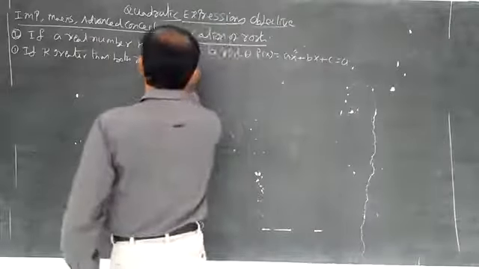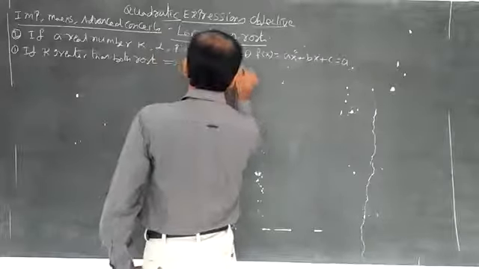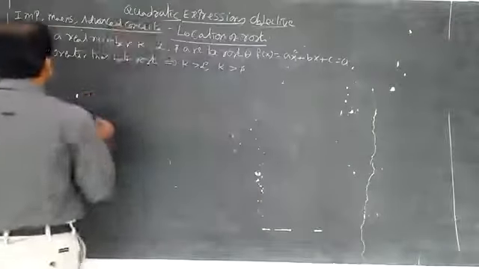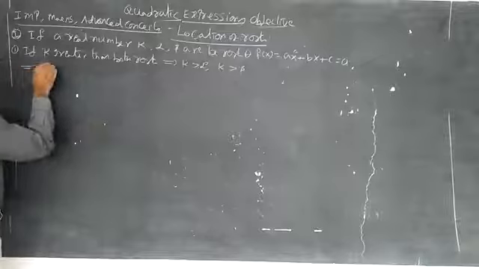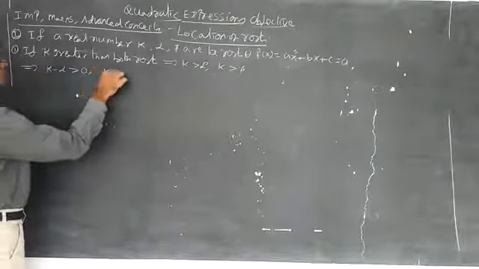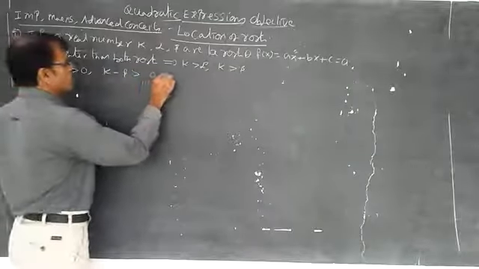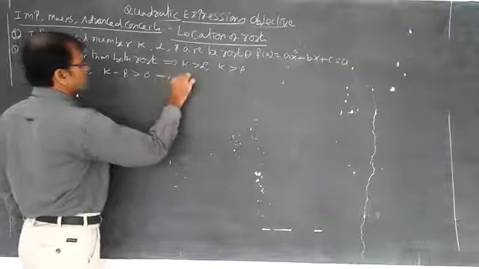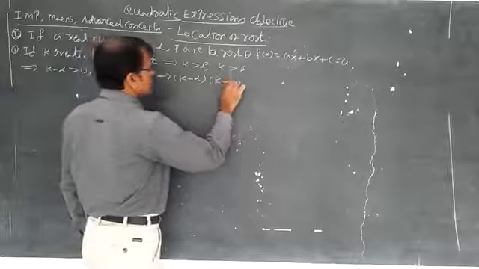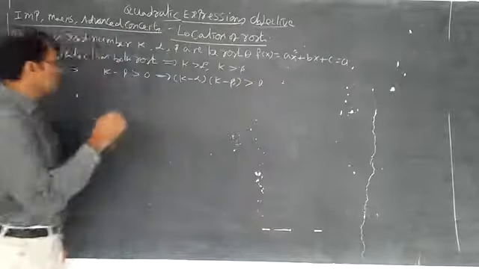That implies k greater than alpha, comma k greater than beta. K minus alpha greater than 0 and k minus beta greater than 0. If you multiply these both, you get plus into plus, so k minus alpha into k minus beta greater than 0.